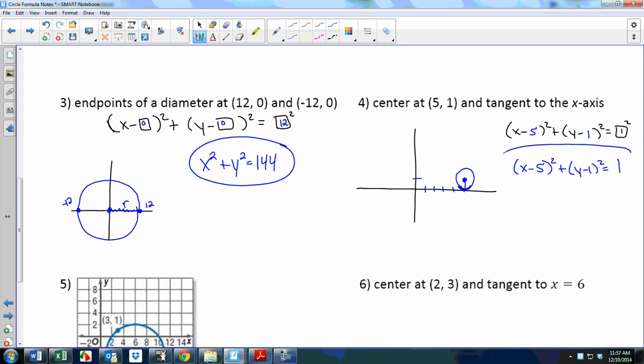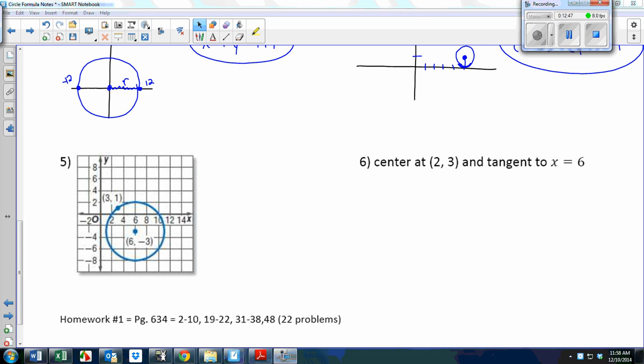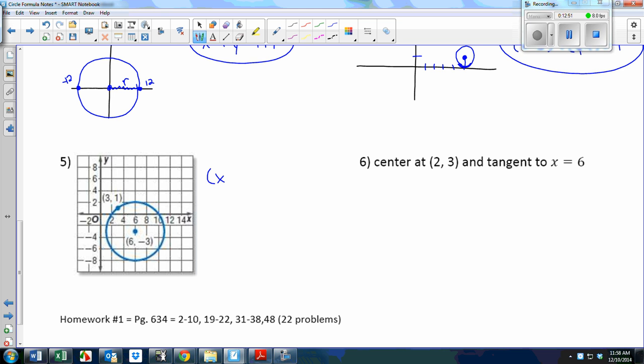All right, 2 more. I'll pause the video, try them. This one, number 5, will require either the distance formula or the thing we just talked about that will substitute for the distance formula, the Pythagorean theorem. All right, so for starters, we know that the center is 6, negative 3, so x minus 6 squared.